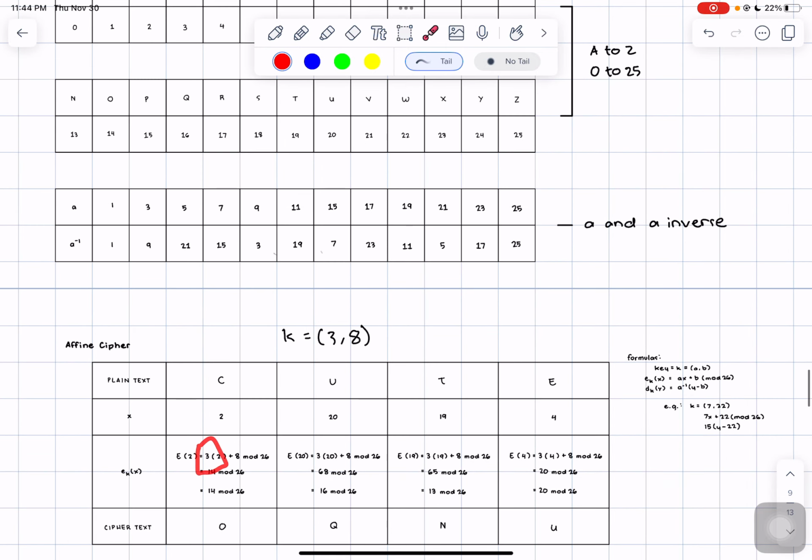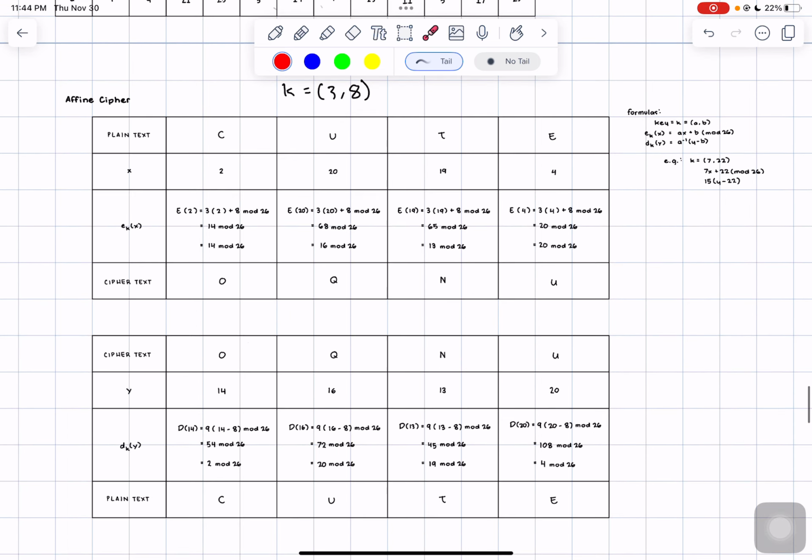We can check that here. This is 3 and this is the inverse of 3, which is 9. Also, the parenthesis is placed here, unlike here, meaning that we should compute this before multiplying.